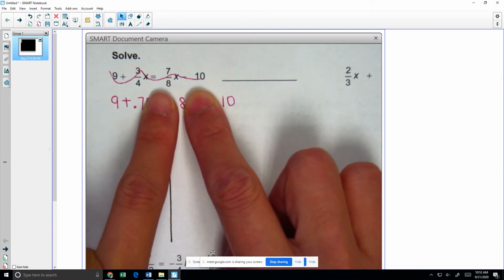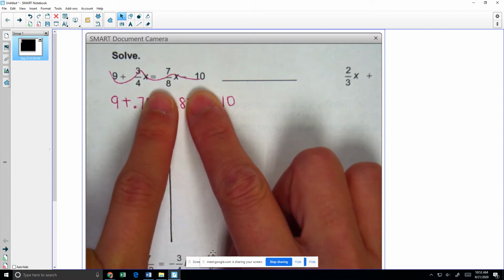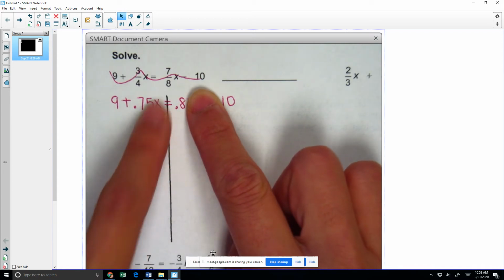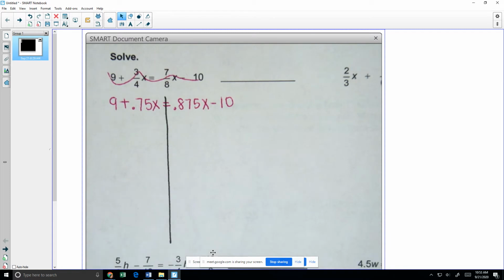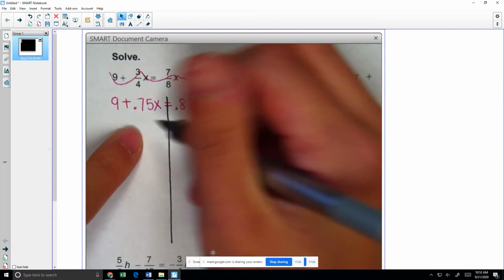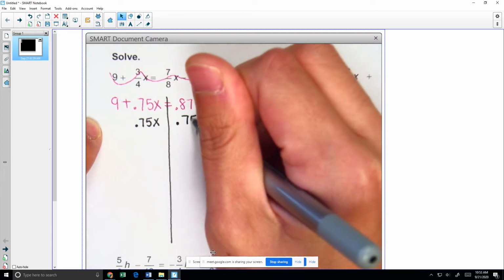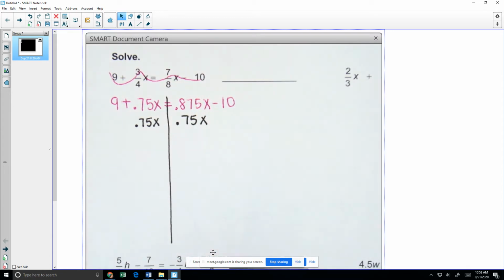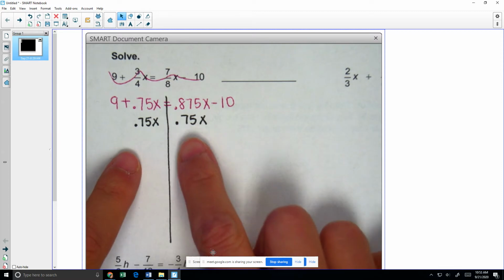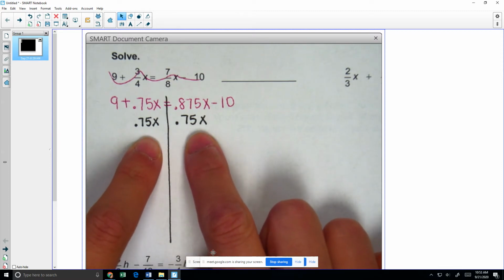Just round up to the same one, 0.7 or 0.8. Valeria, which one is smaller? 0.7. Good. So we're going to drop down the smaller one. 0.7 is smaller than 0.8. So I'm going to drop that one down on both sides. And remember, put your x's underneath your x's.